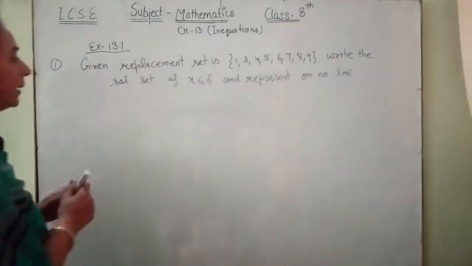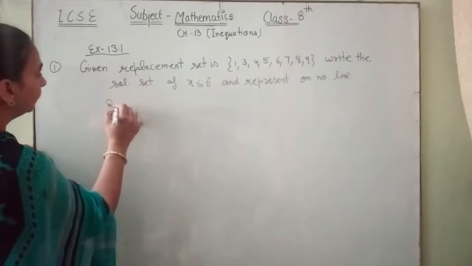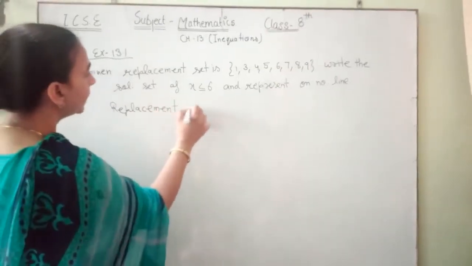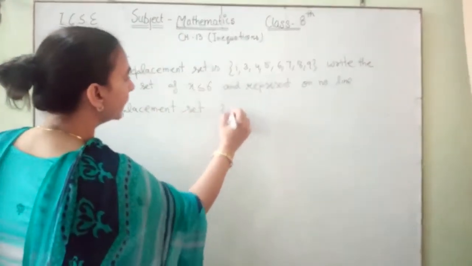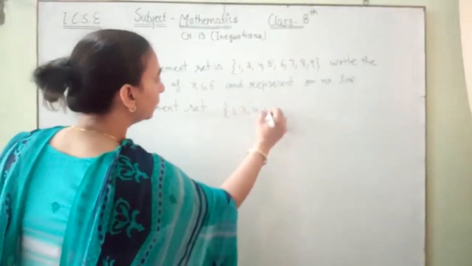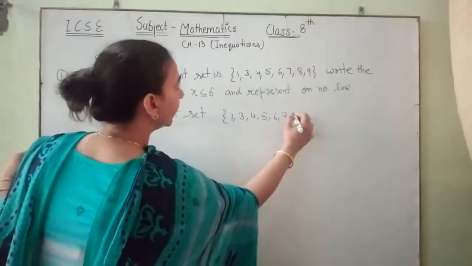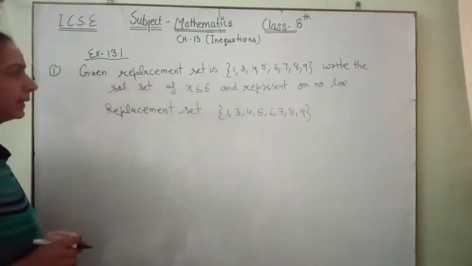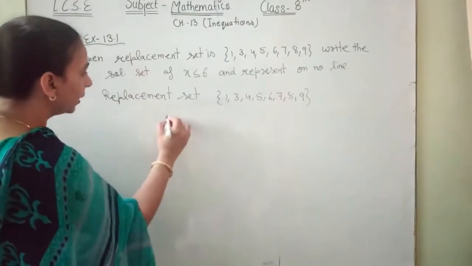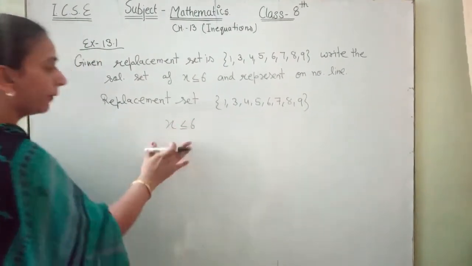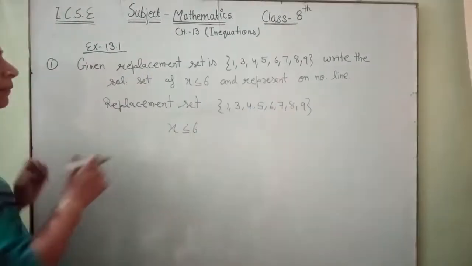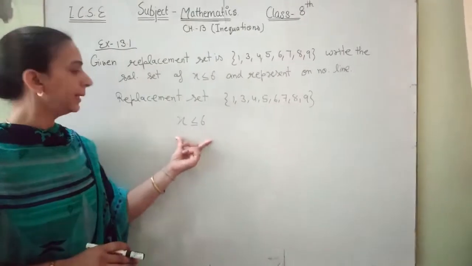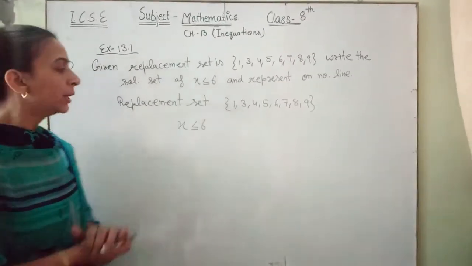So students, first we write the replacement set. Our replacement set is 1, 3, 4, 5, 6, 7, 8, 9. These are all elements of this set. This is a very simple form of an inequation.